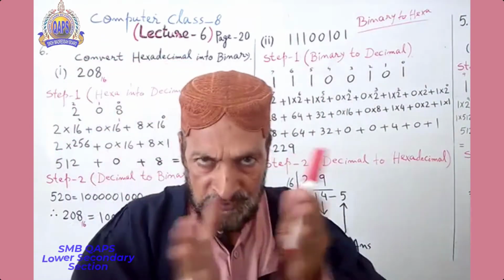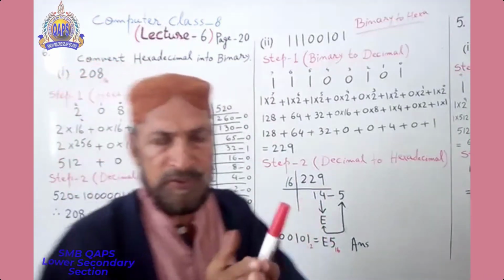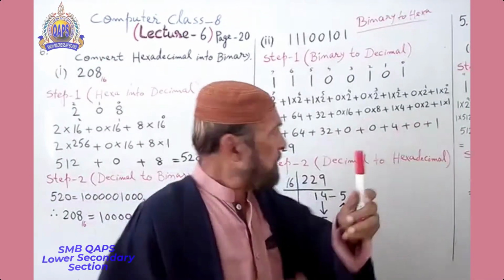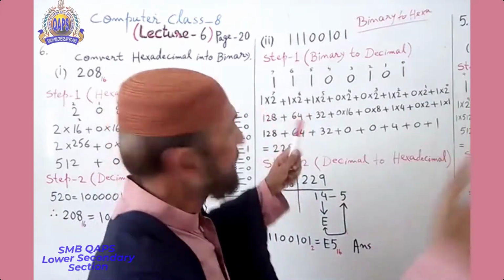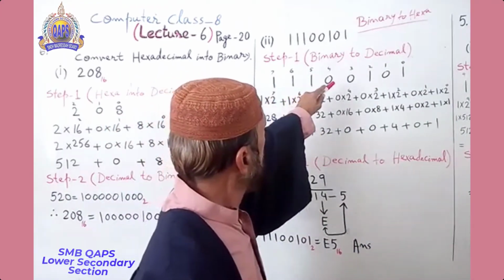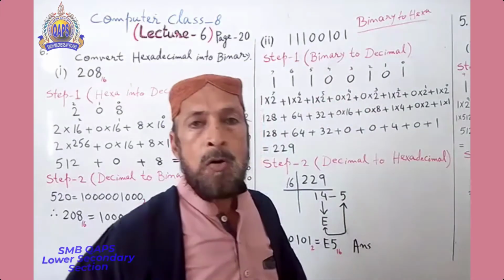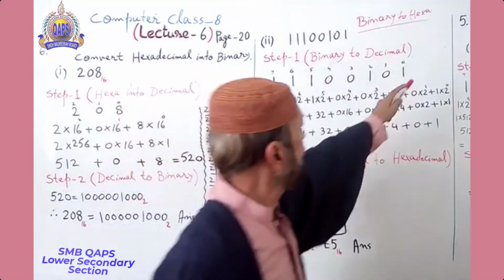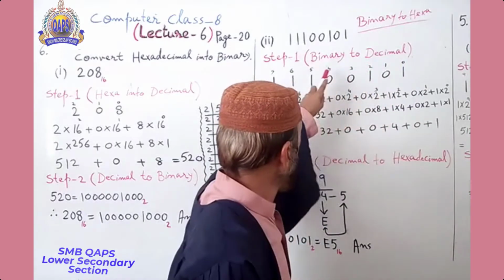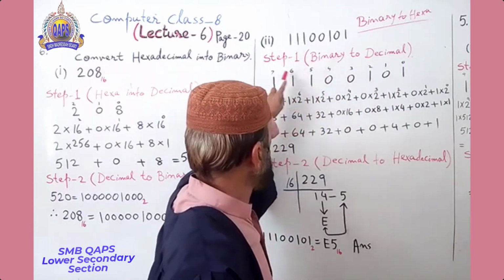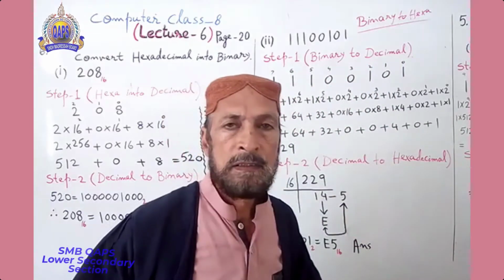With some distance. You see what I am saying? With some distance, 1 1 1 0 0 1 0 1. Put the powers. Power 0, 1, 2, 3, 4, 5, 6, 7.